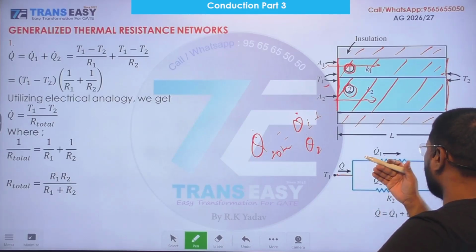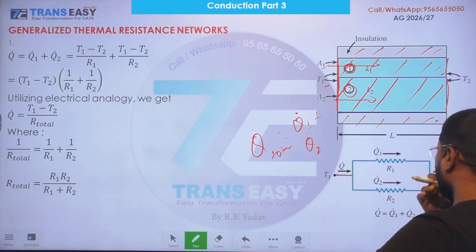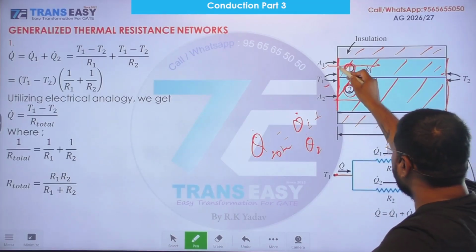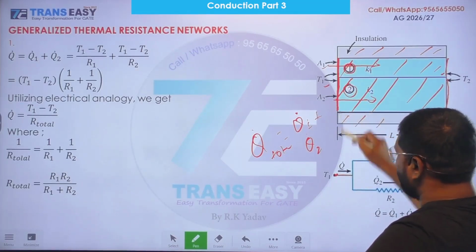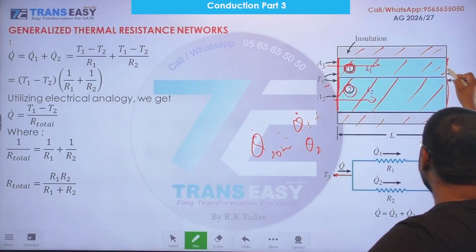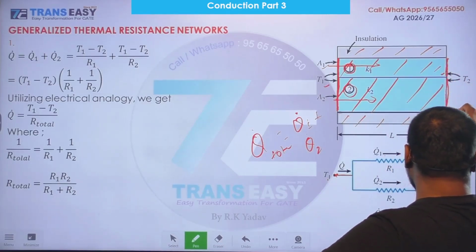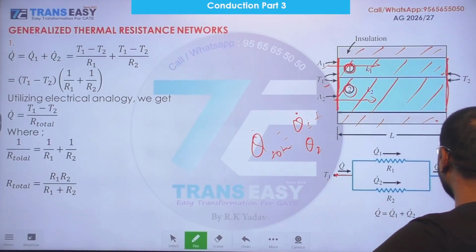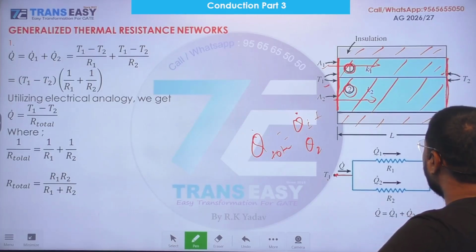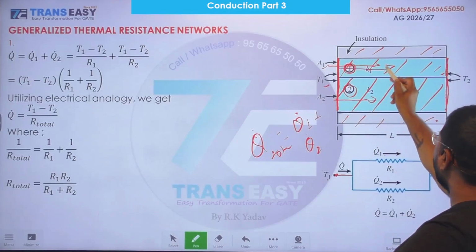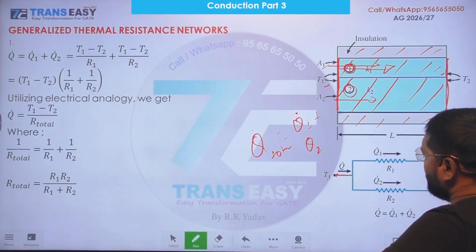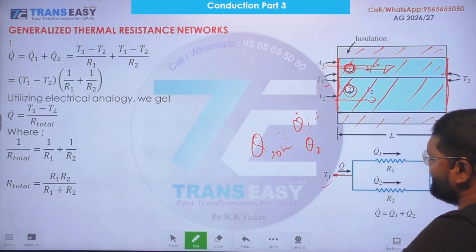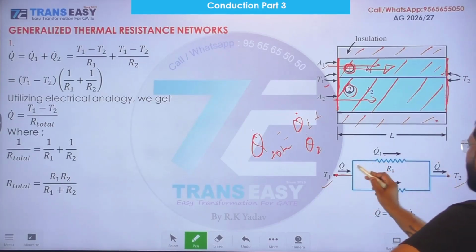So what will the analogous thermal resistance network be? Both left faces are at the same temperature T1 and both right faces are at temperature T2, so both are conducting heat through the same temperature difference.